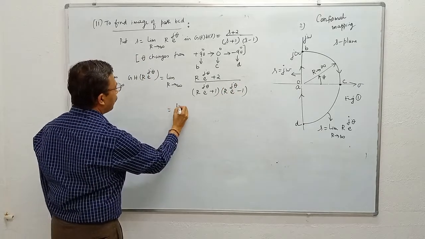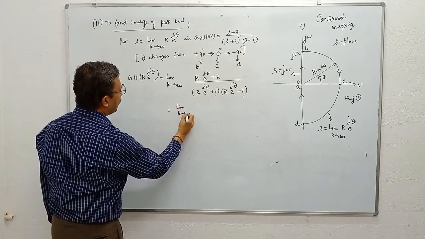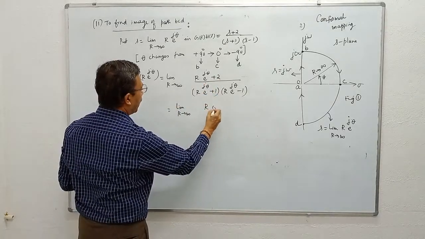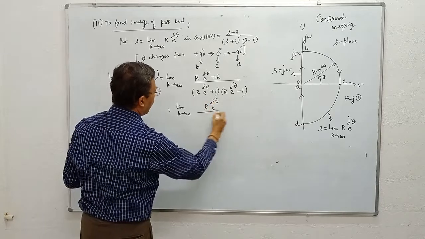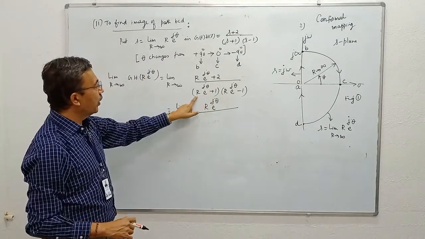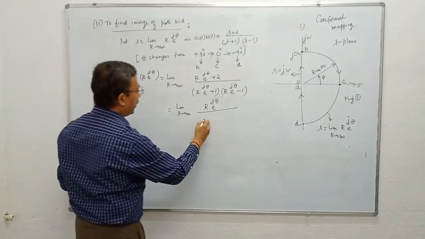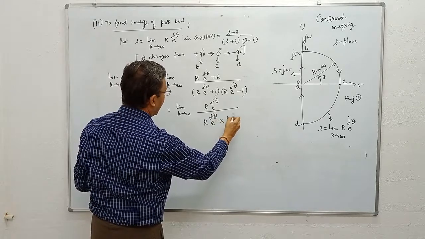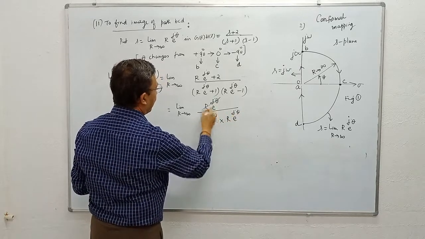As r tends to infinity, neglect 2 with respect to r. So in the numerator, we get r into e to the power j theta. In the denominator, neglect 1 with respect to r into e to the power j theta. So we get in the denominator r into e to the power j theta into r into e to the power j theta.